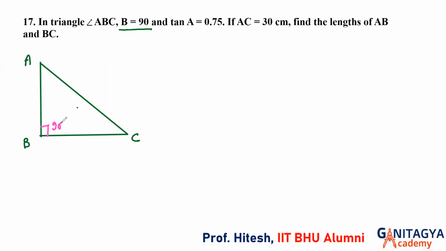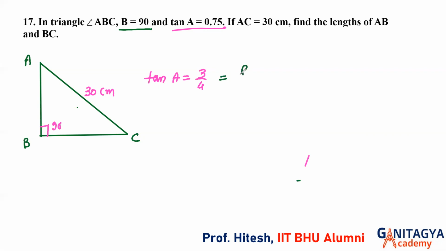Okay. So tan A is given by 0.75. So 0.75 is nothing but 3/4. Already given, AC is equal to 30 centimeter. Now, very easy. Remember this, that tan A is given by 3/4. So please remember, pay attention carefully.